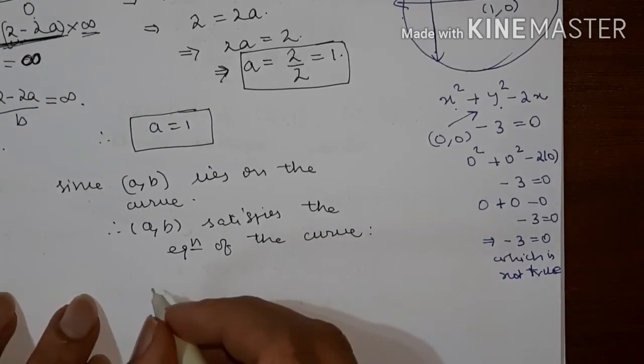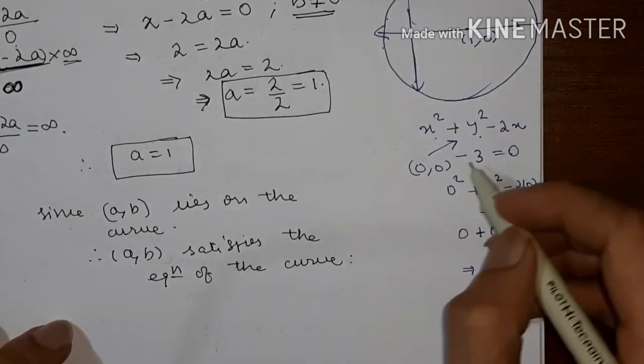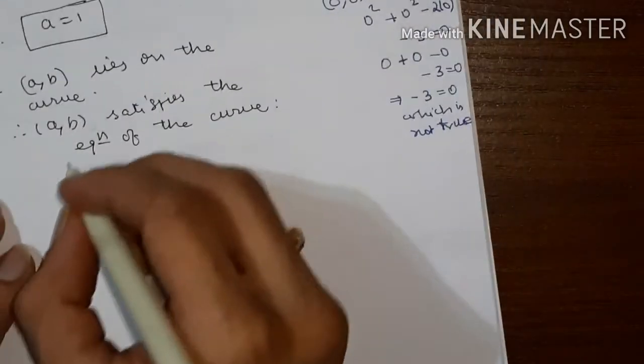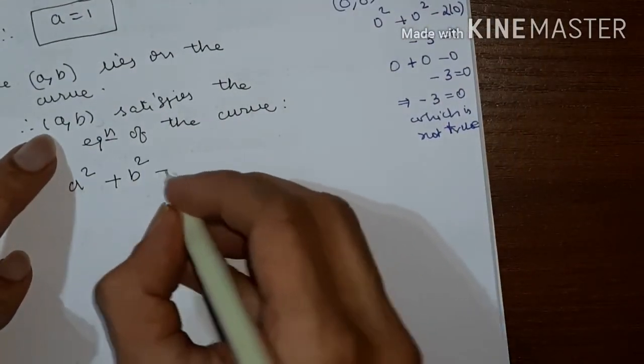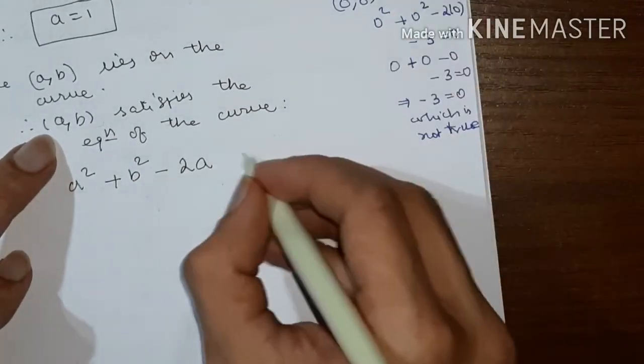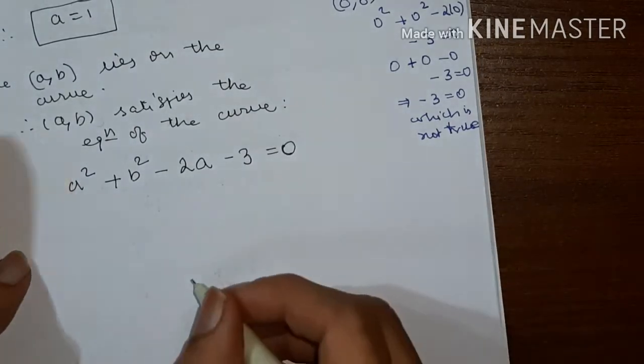So that is what the equation of the curve is: x square plus y square minus 2x minus 3. So this will be nothing but a square plus b square minus 2a minus 3 equal to 0.